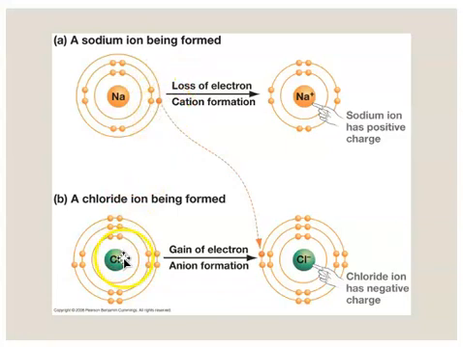Down at the bottom, if we look at the chloride atom, we see something similar. Now, the number of electrons is different in a chloride atom than in a sodium atom because they're two different elements. But if we go to the valence shell, we can see that there's a pair of electrons here, there's a pair here, there's a pair here, but here's an unpaired electron. When the chloride atom receives the electron being donated by the sodium atom, the problem is solved.